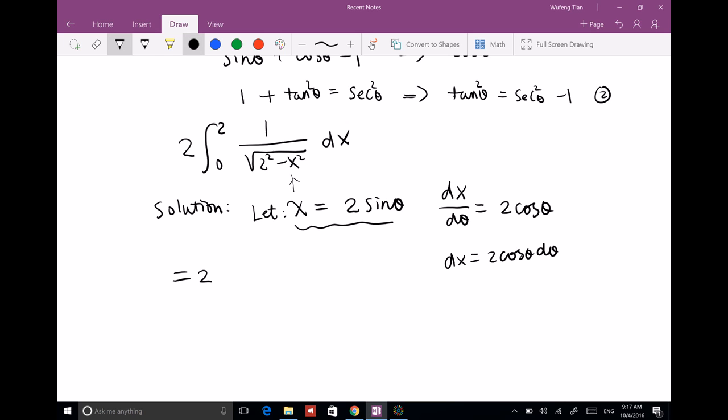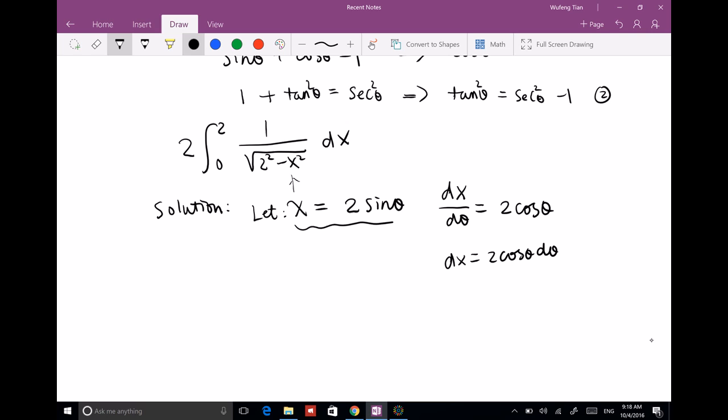Oh, we're not ready yet, because if we change the variable, which part also has to be changed? When you do the u substitution, at the same time you have to change the boundaries. Very good. Thank you very much.